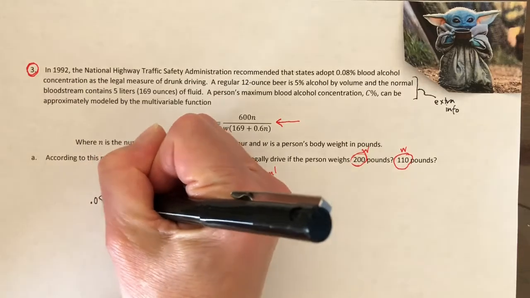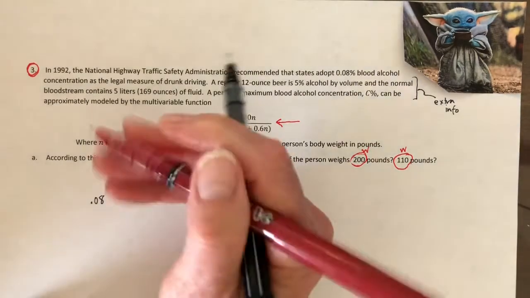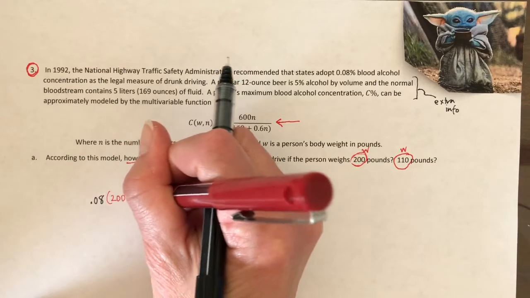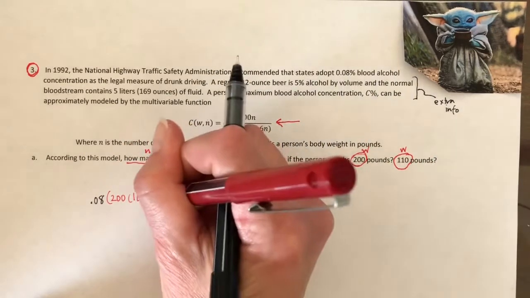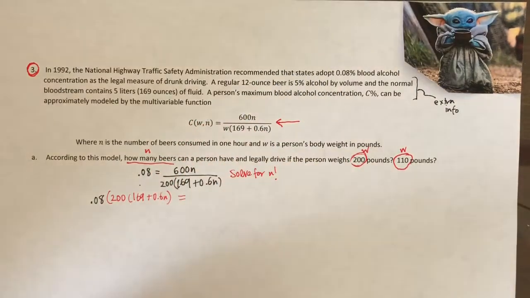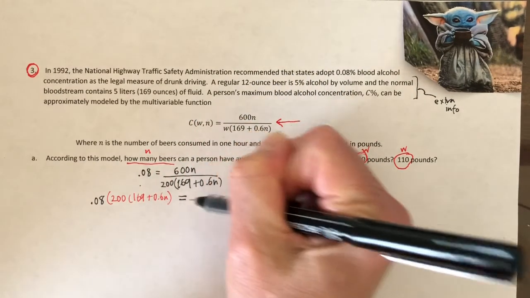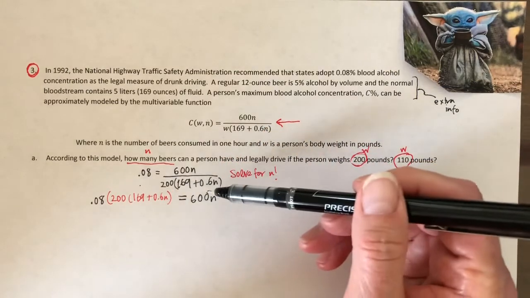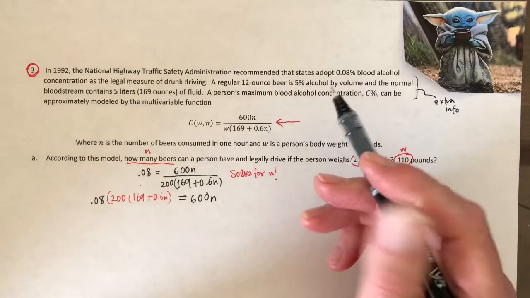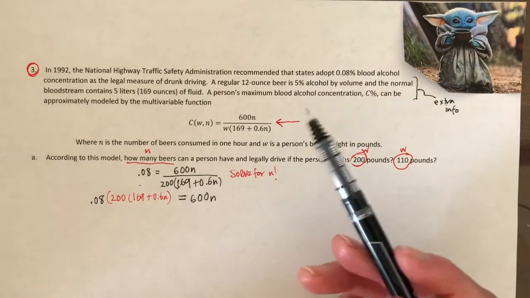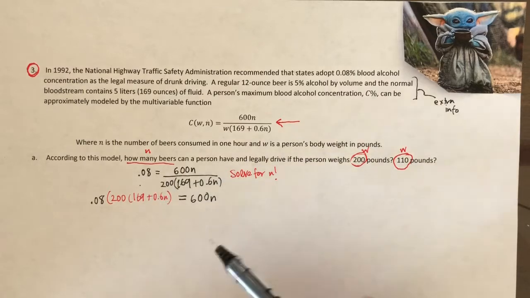So 0.08 times this denominator is 200 times 169 plus 0.6 N equals 600 N, and I multiplied the right side by the denominator, so it actually canceled. Another way you can think of this is just cross multiplying, either way.